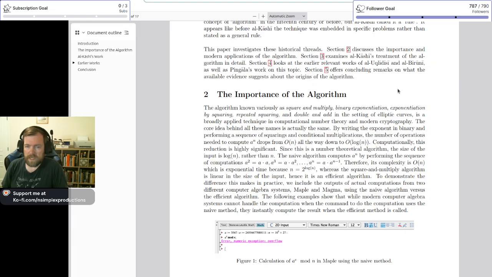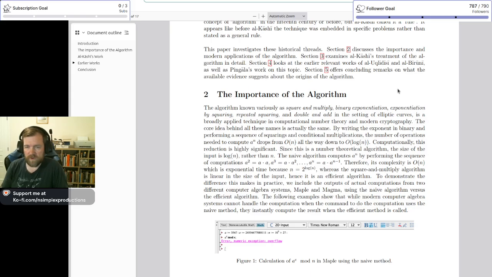So, yeah, quite good. The naive algorithm computes a^n by performing the sequence of computations: a^2 equals a times a, a^3 equals a times a^2, etc., all the way to a^n equals a times a^(n-1).